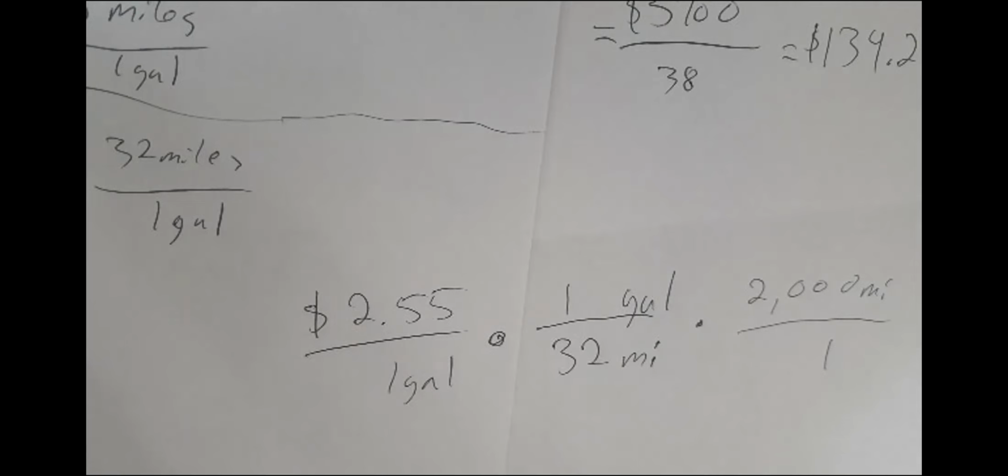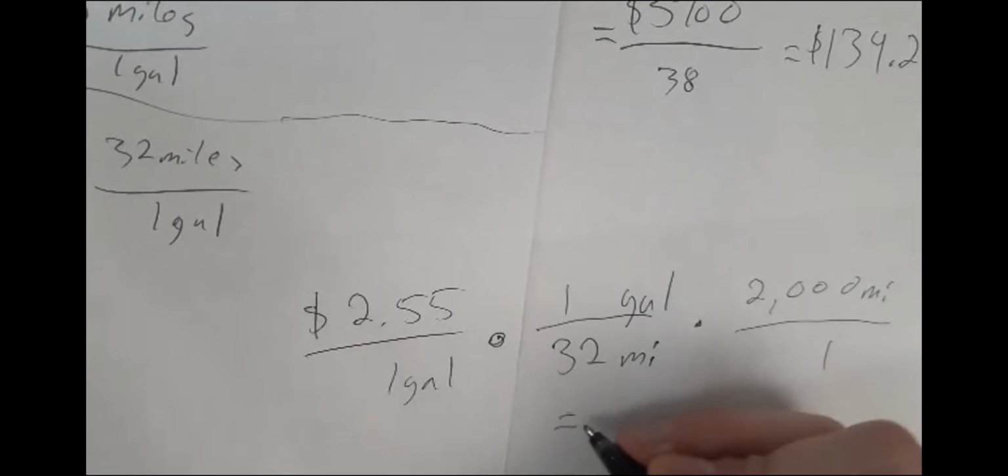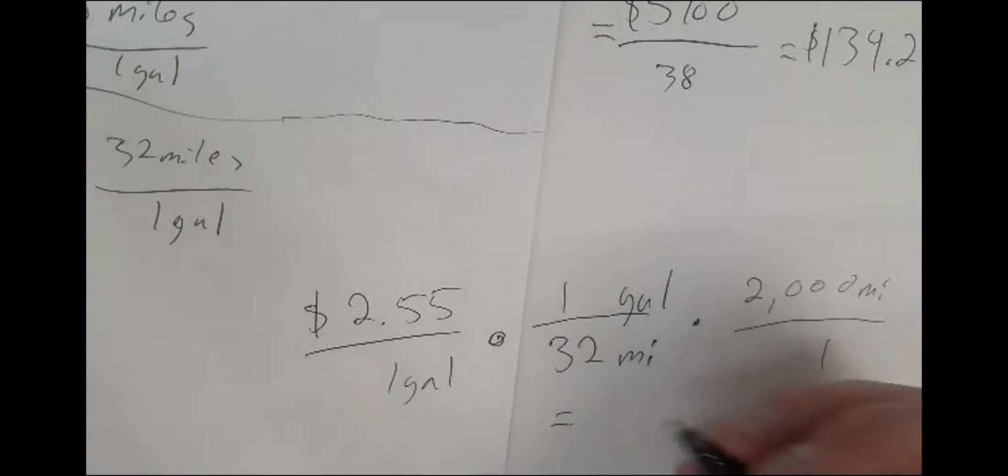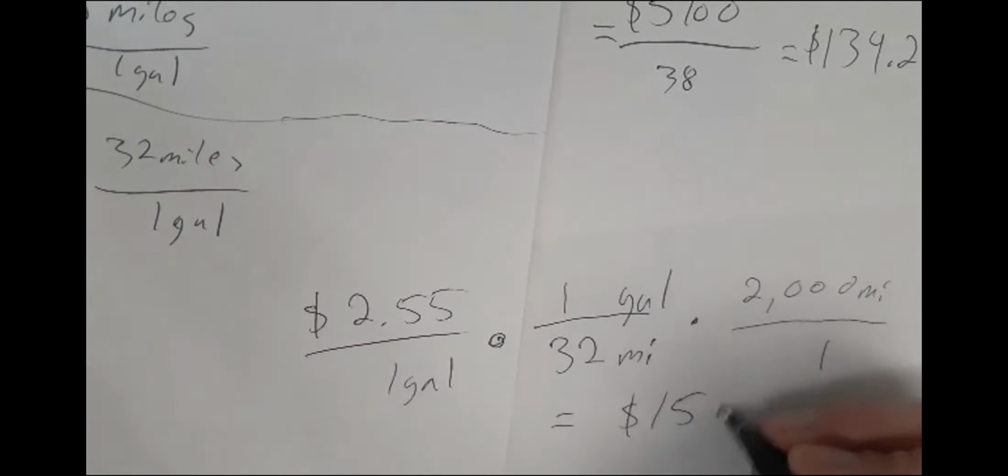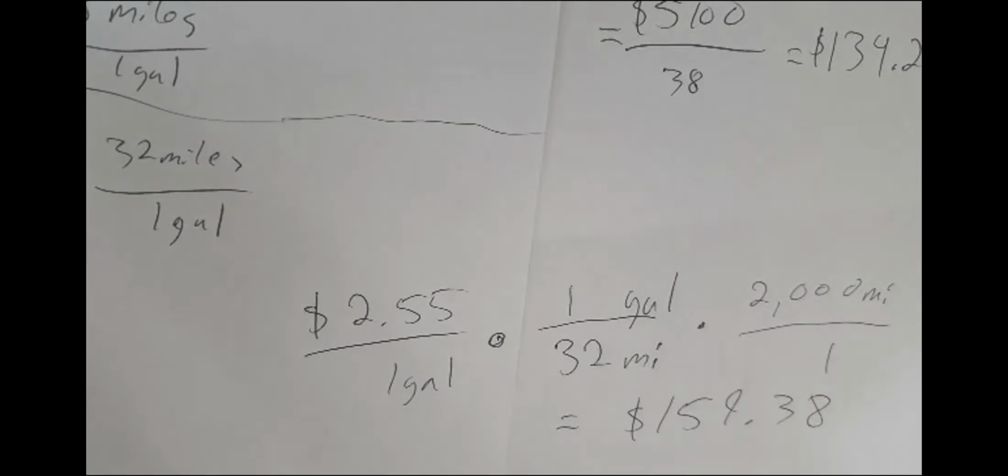So I'm still going to get 2,000 times 2.55 on top. It's going to give me the 5,100. And then I divide that by 32 instead of 38. And I should be getting 159.38 when I round up. It should be like 0.375.